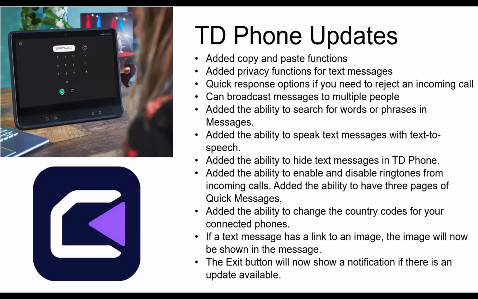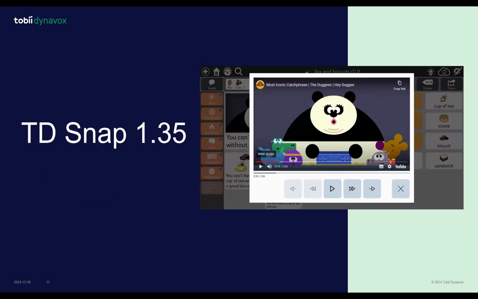I'm not going to go through all of those, but some highlights: if you've got a call coming in and you need to reject it, you can accompany hanging up with a message like "I'm busy, I'll call you later." You can also use text to speech to read out text messages or search your text messages by a particular phrase.